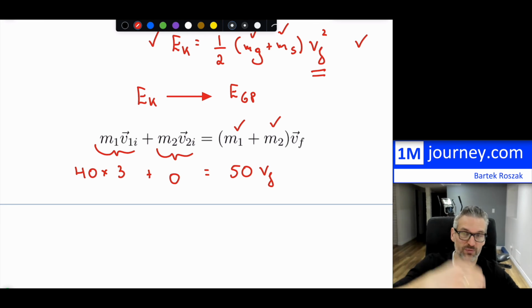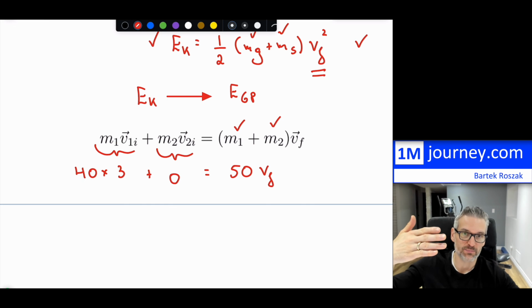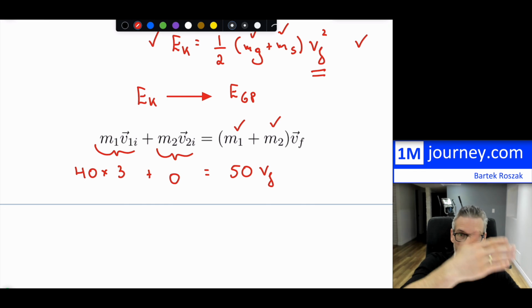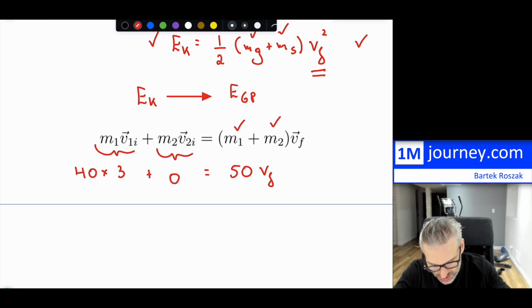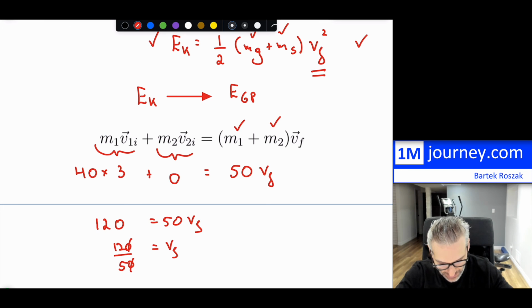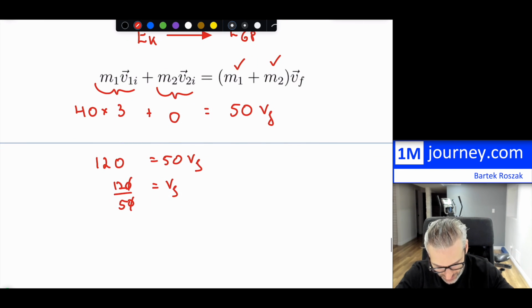If the girl's running in this way, then both the girl and the swing are going to continue in that direction. So here, this would be 120 is equal to 50 vf. You can certainly find out. So this is 120 divided by 50, and that should be 2.4 meters per second.